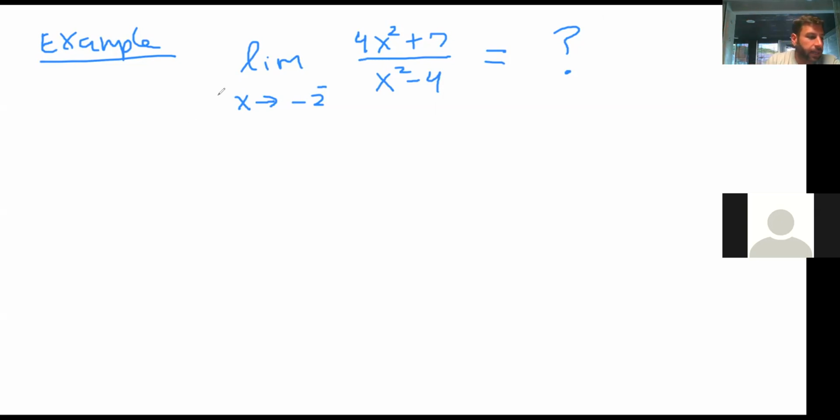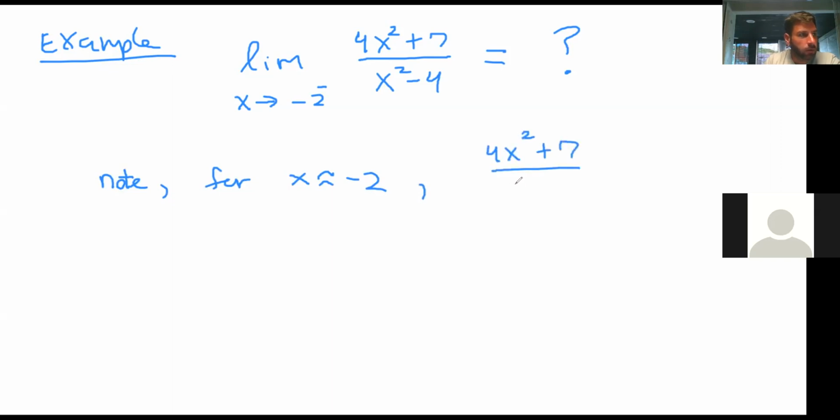And so to verify it, what you have to do is the following. Let's note for x approximately -2, 4x squared plus 7 over x squared minus 4, what is this going to be? Well, the numerator is going to be approximately 23, but the denominator is going to be approximately 0.